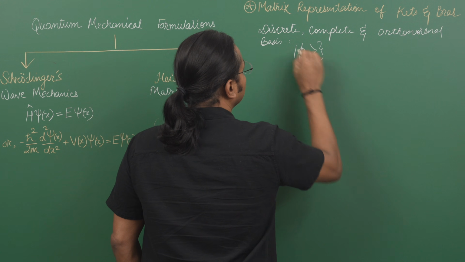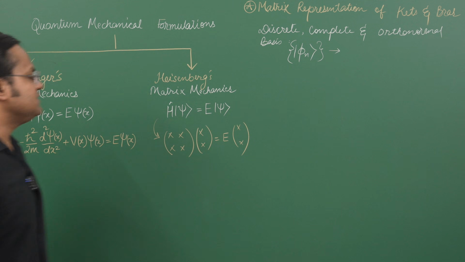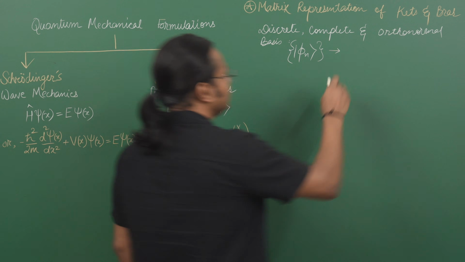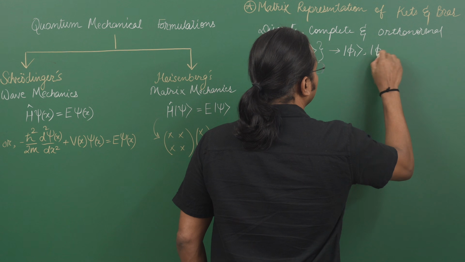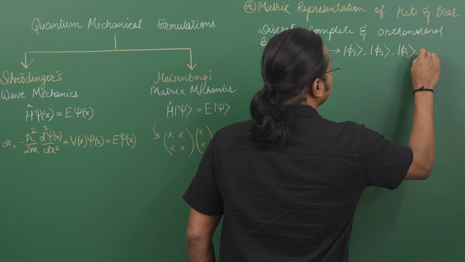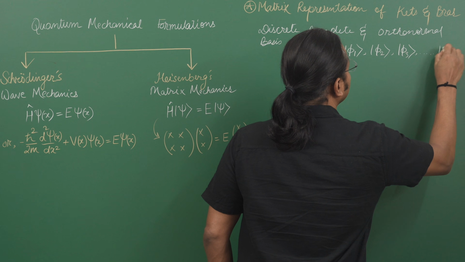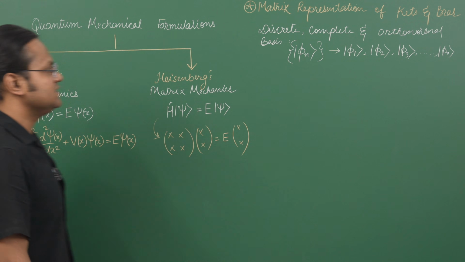Okay, the curly bracket represents that there are an n number of basis vectors in this particular space. So for example, we may have phi 1, phi 2, phi 3, phi n. It might be a finite basis or it could be an infinite basis, doesn't matter.